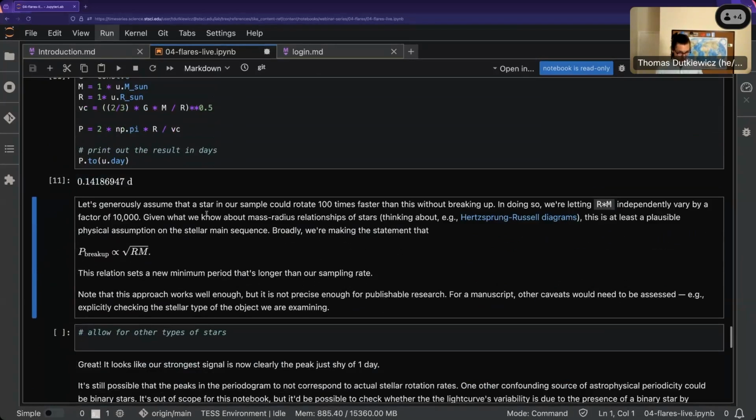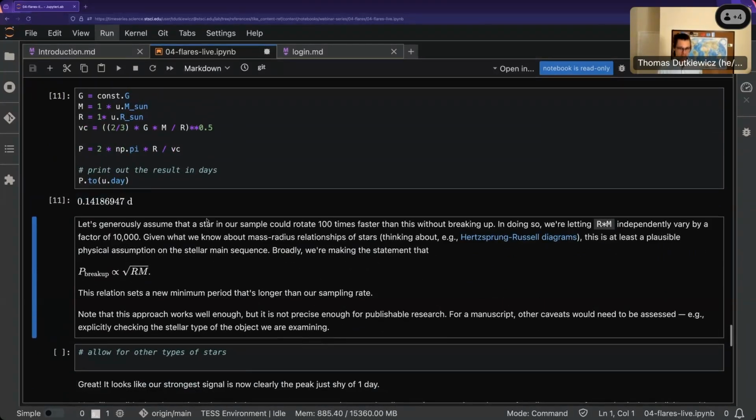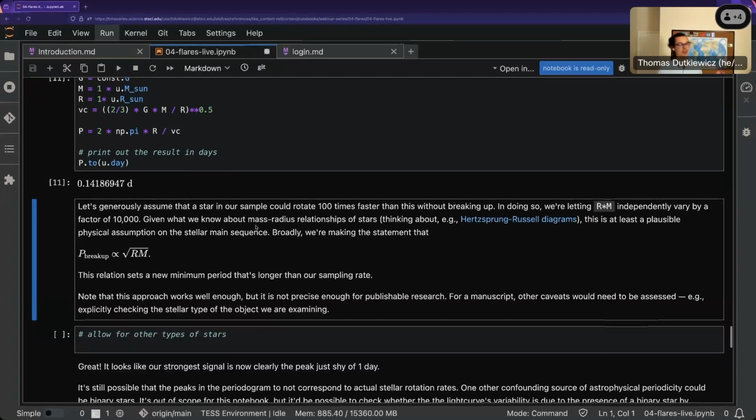Now, this next step is trying to be considerate of the fact that we're actually not talking about the sun. A lot of these stars, and in fact, I think the entire subset of them, are actually M dwarfs. So we probably shouldn't be using these values that we've used for the sun. A very pessimistic estimate might be to say that these stars could rotate 100 times faster without breaking up.